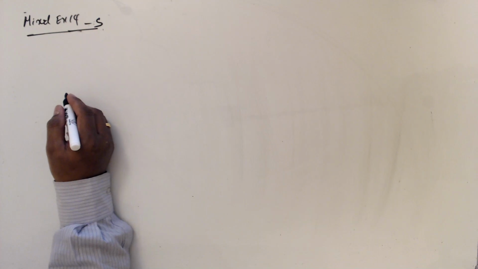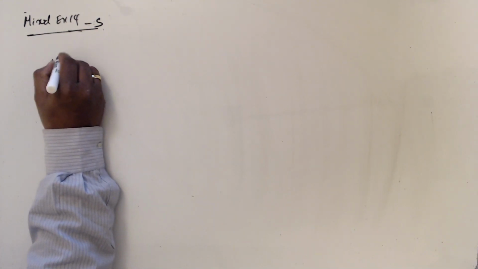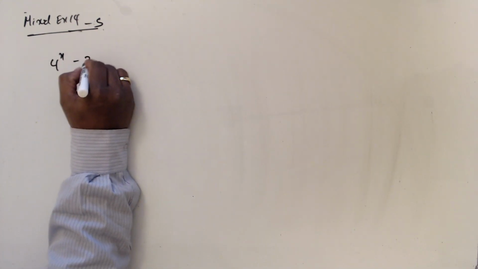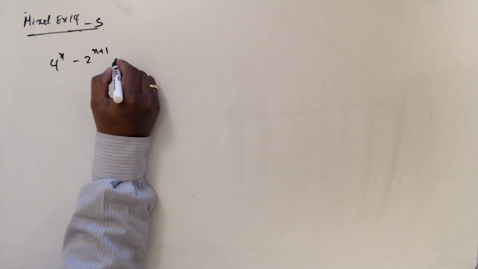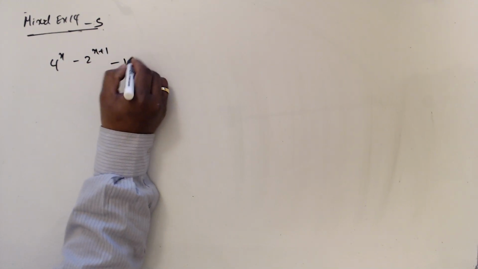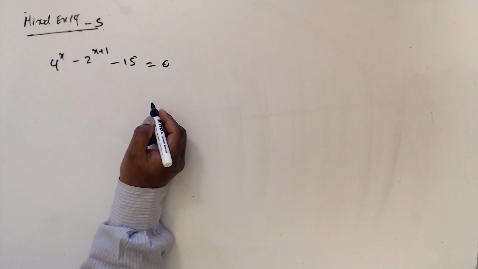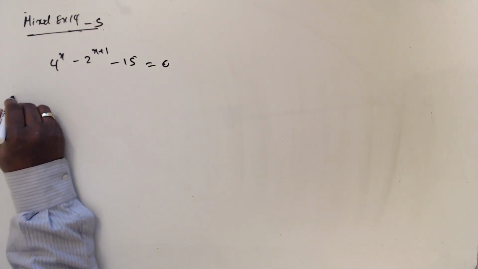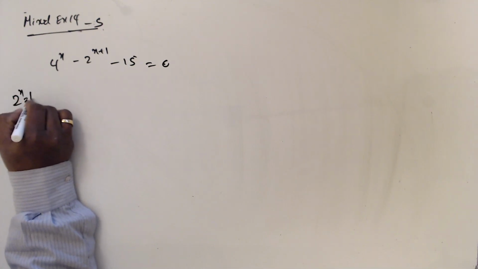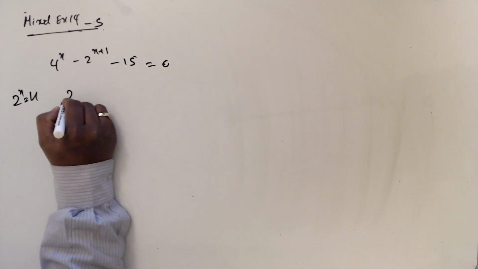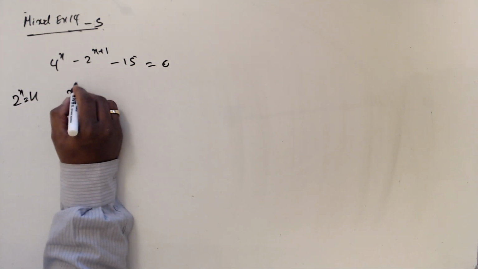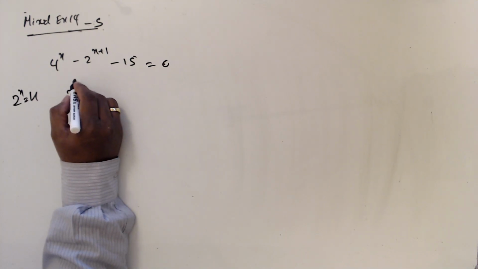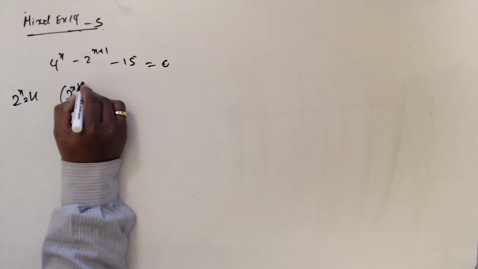Question number 5. 4 to the power x minus 2 to the power x plus 1 minus 15 equals 0. So we take 2 to the power x as u. Then this is going to be 2 to the power x squared.